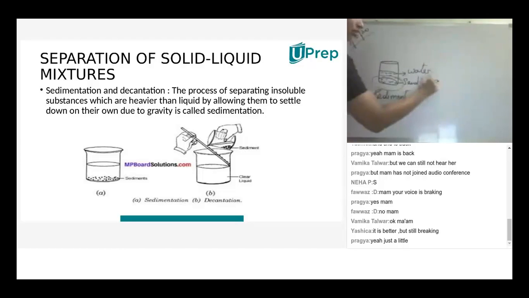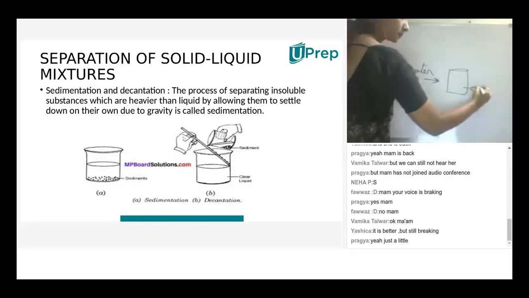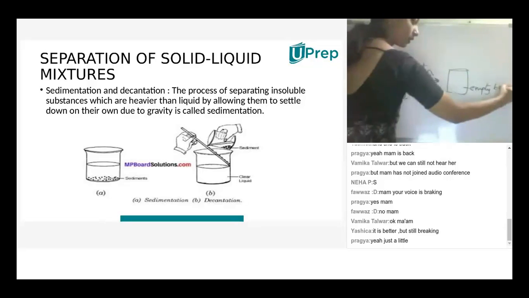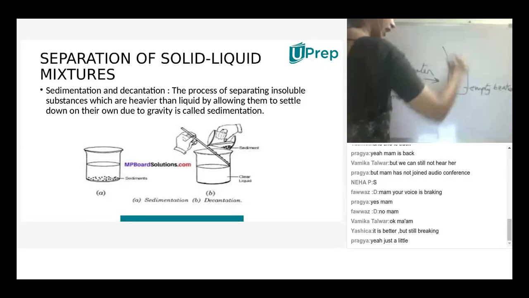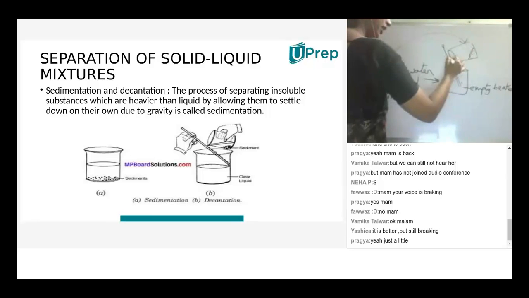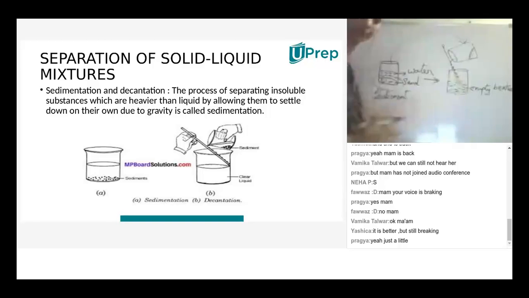After the sand settles at the bottom, we take an empty beaker and, with the help of a glass rod, we pour this. So we can find the sand staying over here, and drop by drop the water takes its place in the other beaker.